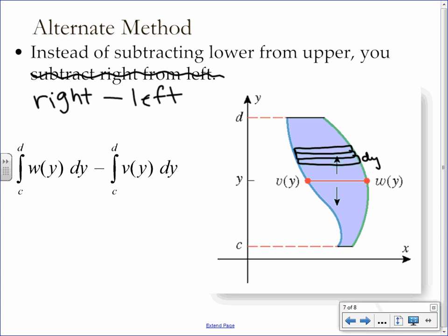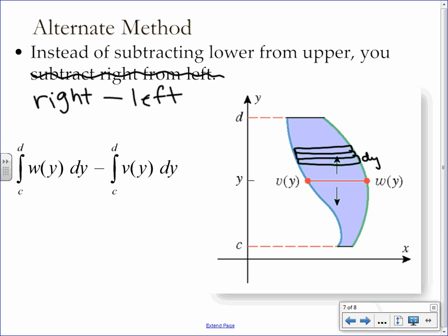So here again, I would do one integral to make our life easier. Now, in this case, since our thickness is dy, we're integrating with respect to y. So we're going to have y's in here. And our limits of integration are going to be our y values.